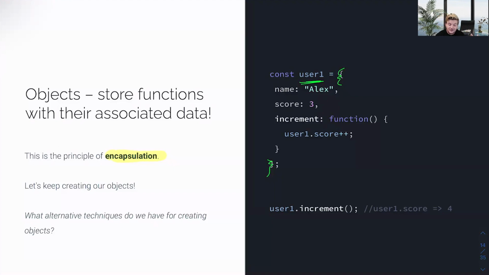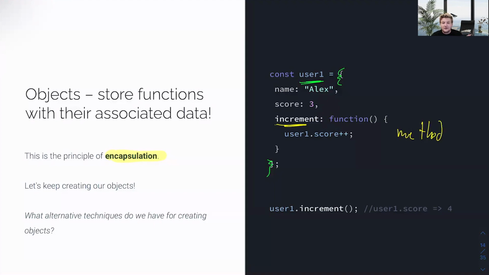We have a key of score, which is storing a value of 3, a number. And then the last property here is increment. We see that we've assigned it the value of a function definition. We'll talk a little bit more about that later on. But since this function definition is living inside of an object, we know that it can also be called a method, a function that's living on an object.